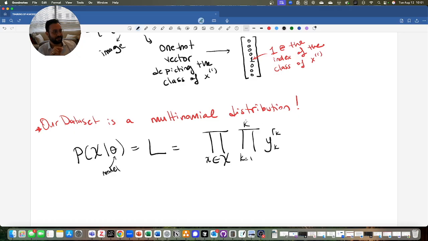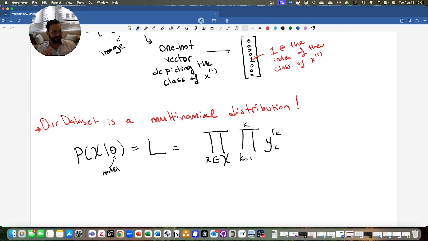Notice that in this inner multiplication, in the one-hot vector way of r of k's, these are all with superscript i, but let me delete this just to make things a little bit less frightening.